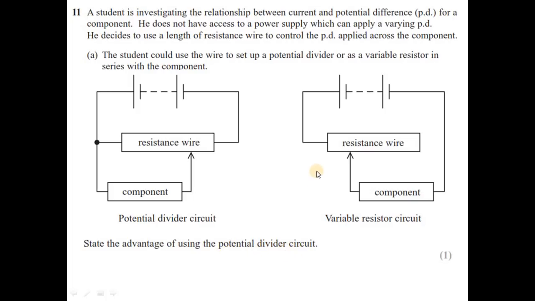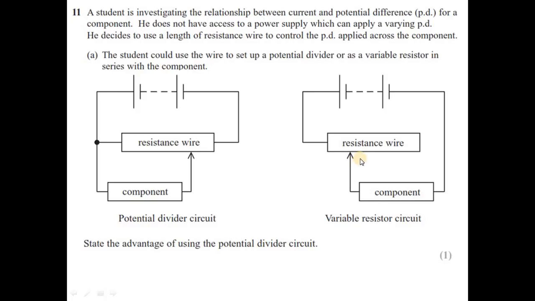The main difference between these two circuits is, if you use a potential divider circuit, you can vary the resistance present in the circuit from 0 to maximum.